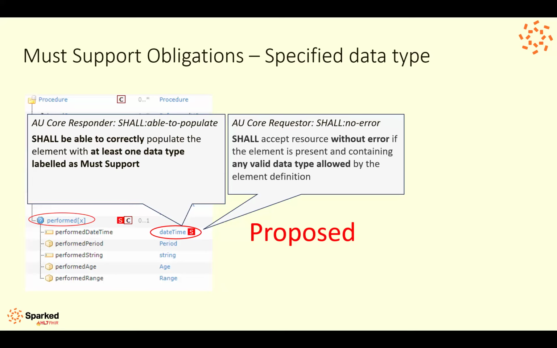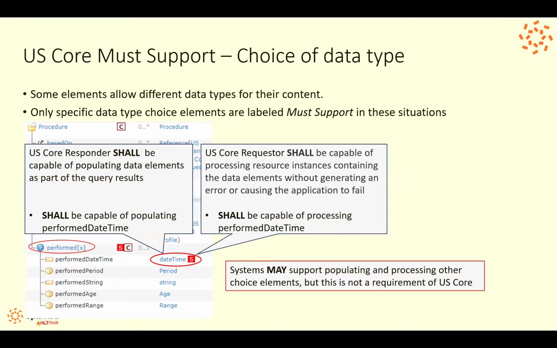If I'm another system where I have performed as strings and only as strings, and I can't make them into dates, then I'm going to fail conformance because I can't make them into date times. But even if I can make them into date times and just don't, and just always send them as strings, then I become conformant.